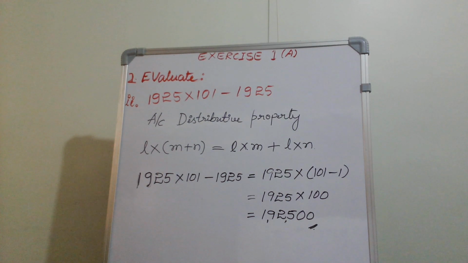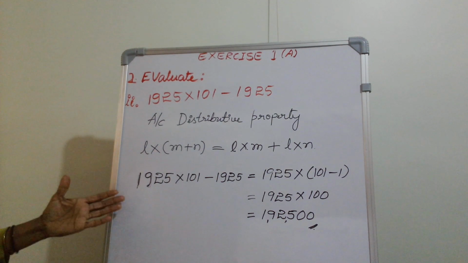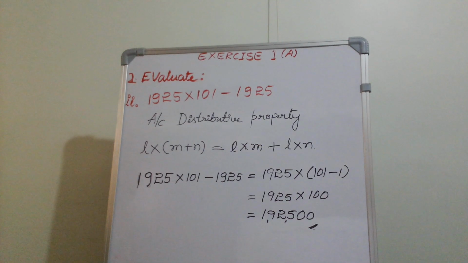The next one is 1925 into 101 minus 1925. According to the distributive property, L into M plus N is equal to L into M plus L into N. Write down the problem as it is, into 1. 1925 into 1 is the same as 1925, right?